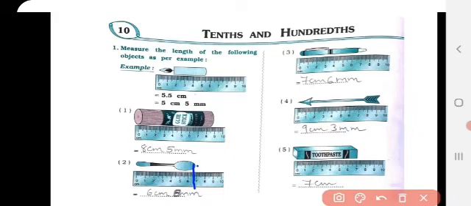Before 7 you have to leave 2 small divisions, that is 8 millimeter. So 6 centimeter 8 millimeter. The length of the spoon is whole 6 centimeter, that is before the decimal you write 6, and after 6 also it is extending, but it is not getting over on 7. So it is between 6 and 7.